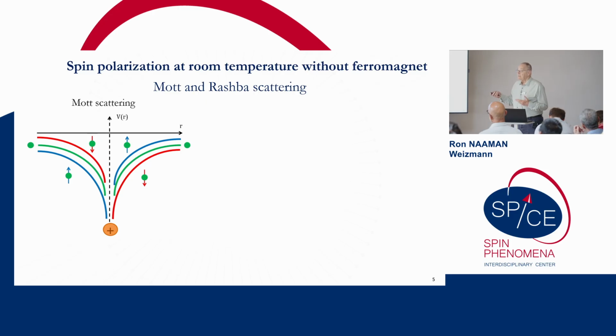And the reason is that the spin-orbit coupling of the gold is what breaks the symmetry. So this effect is known for almost 100 years. And what is interesting about it, that it's done on a macro scale, typically, but it's very effective.